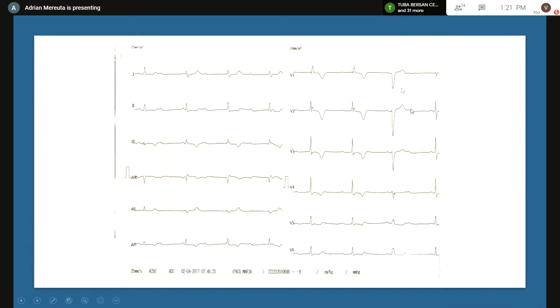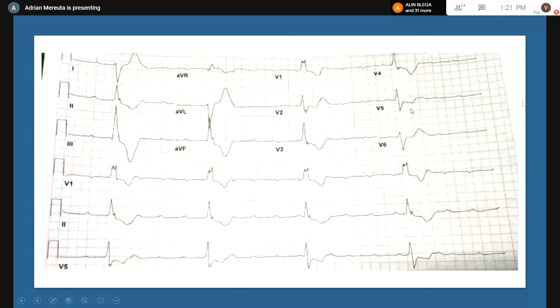And the QRS complex is conducted by normal pathways and actually has a left bundle branch block appearance, not the right one, like the other one.